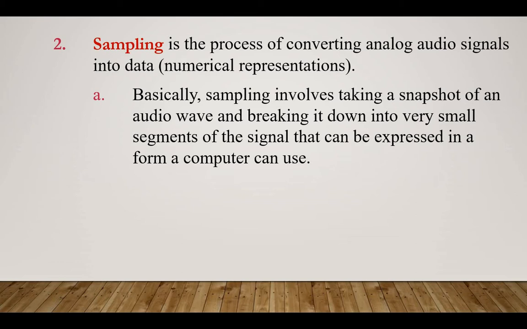Sampling is the process of converting audio signals, analog audio signals, into data. So it basically takes the analog audio and makes it digital. Basically, sampling involves taking a snapshot of an audio wave and breaking it down into very small segments of the signal that can be expressed in a form that a computer can use.